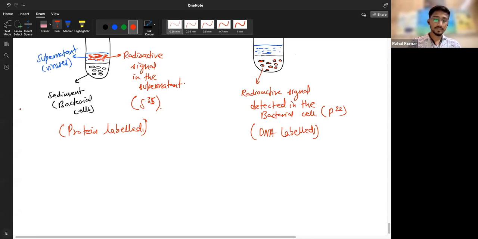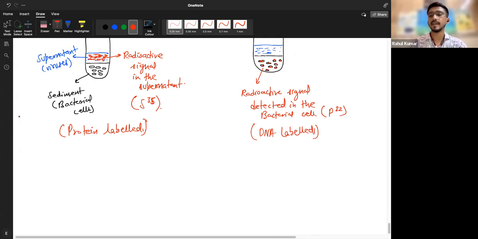But here the debate started: which is a better genetic material and which was the first genetic material. So the properties of genetic material were then figured out and studied. Now, if I ask you logically, what should be the properties of a genetic material?